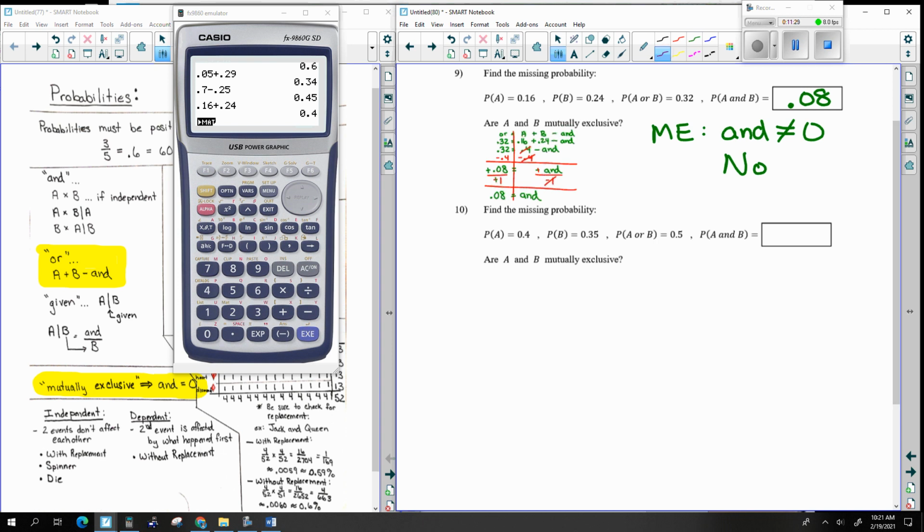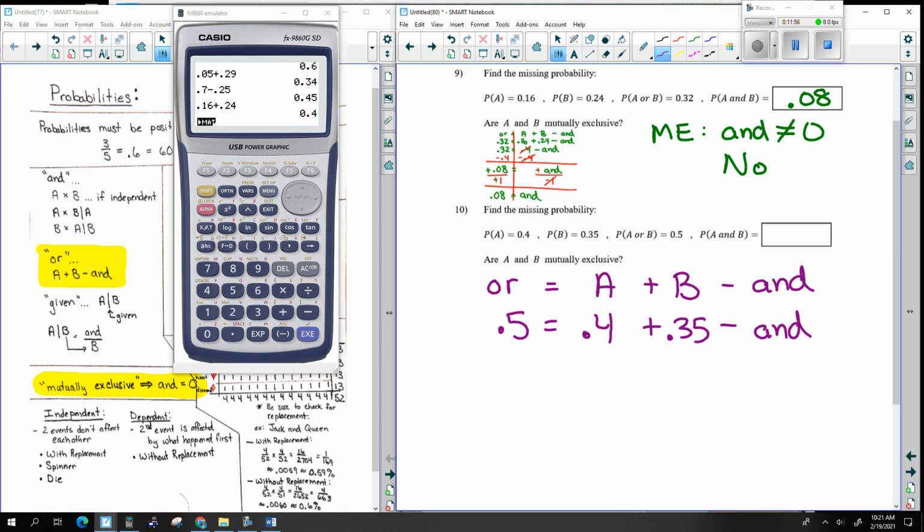Okay, one more time. Or is equal to A plus B minus and. Let me go through these numbers in sequence. A is 0.4, B is 0.35, or is 0.5, and and is unknown.